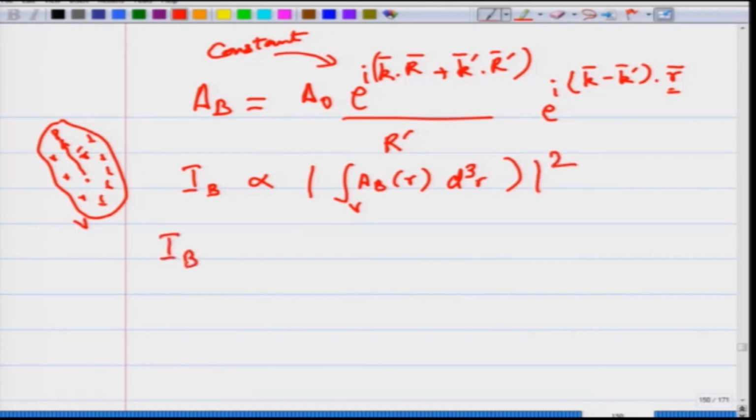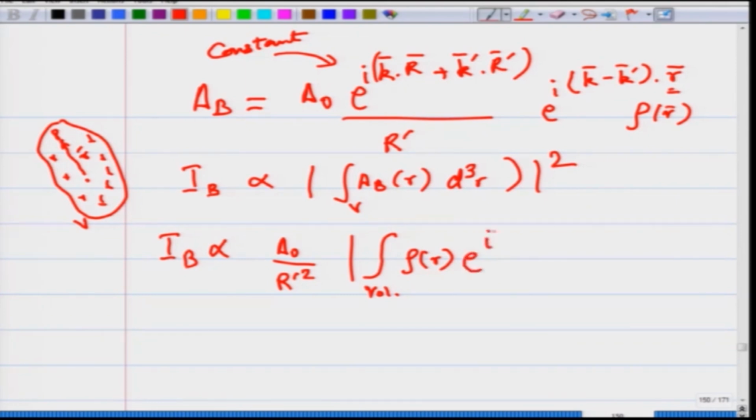This is anyway a constant, this will be proportional to A naught by r' square, and this is multiplied by rho of r. So, this will be the integral over the volume of the crystal, rho of r e raised to i (k − k')·r d cube r, the whole square.